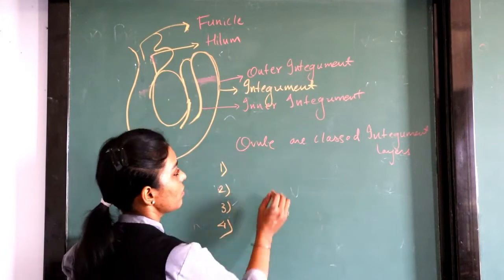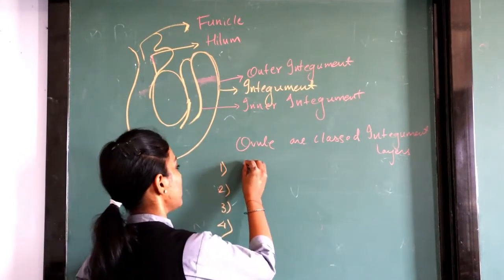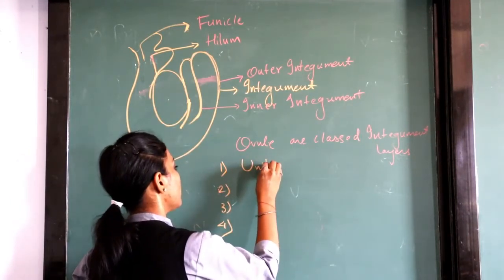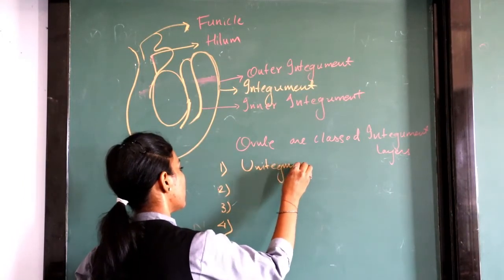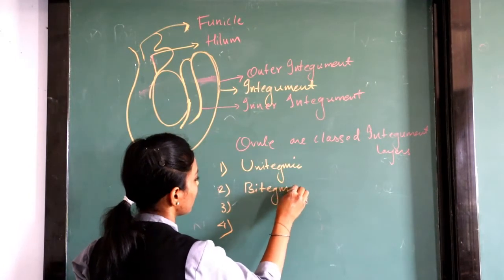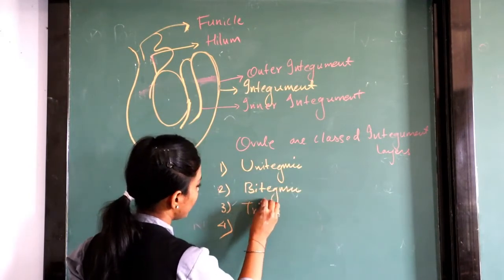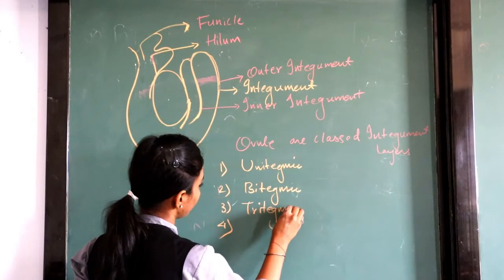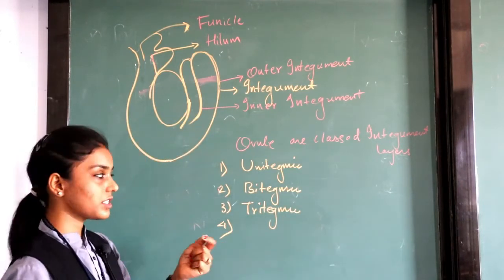So ovules, based on covering, are divided into 3 and 4 types: unitegmic, bitegmic, tritegmic. The last one I'll say later on.